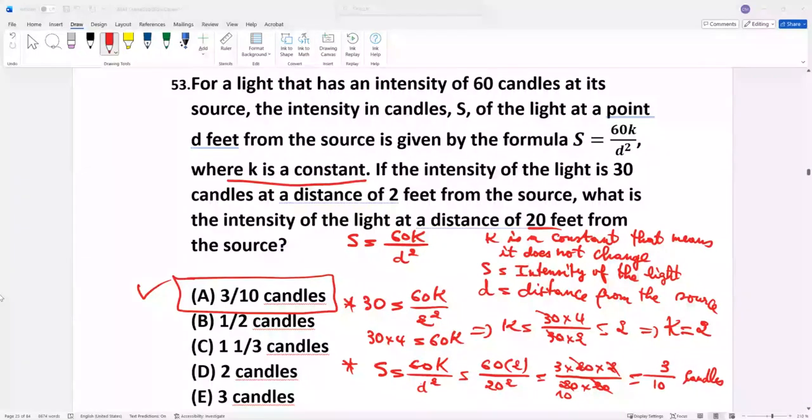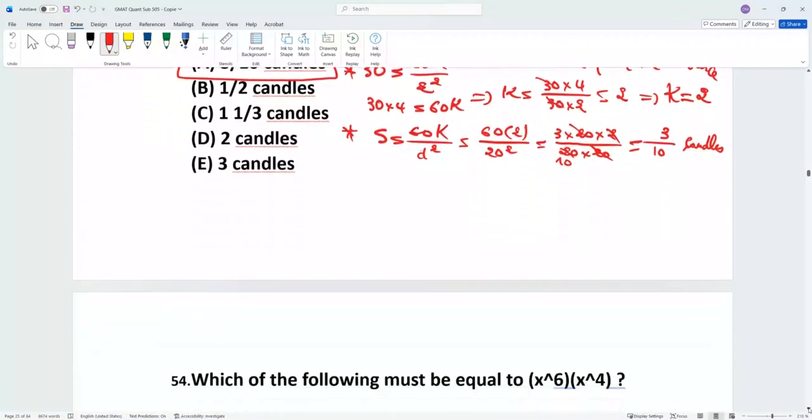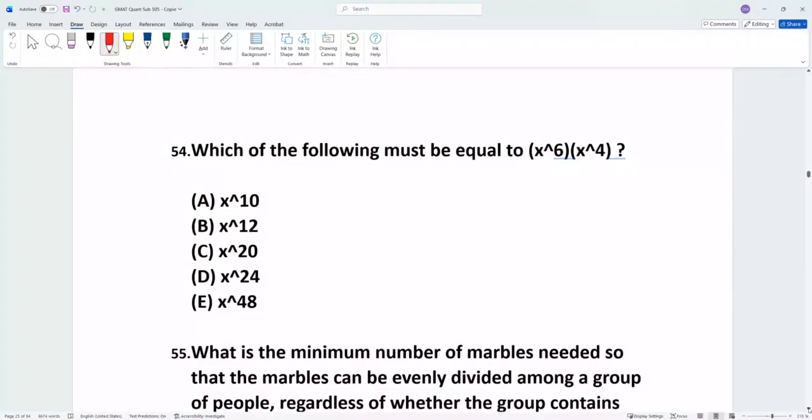Okay. Moving on to question number 54. It says here, which of the following must be equal to x to the power 6 times x to the power 4.